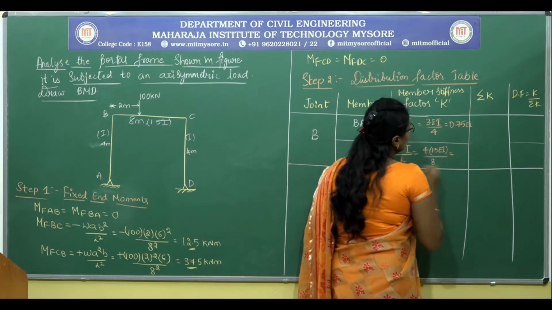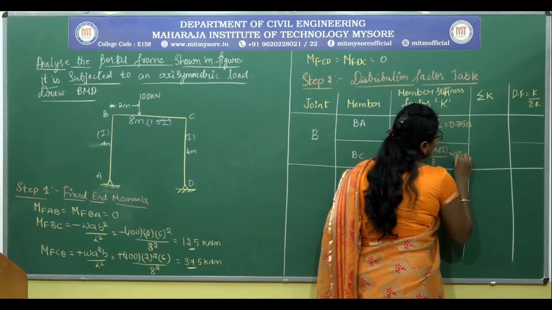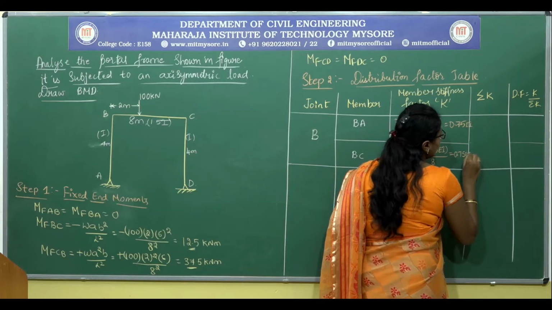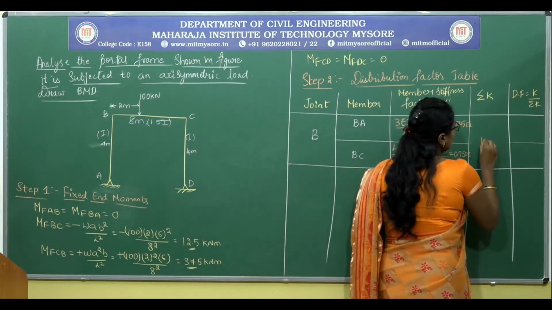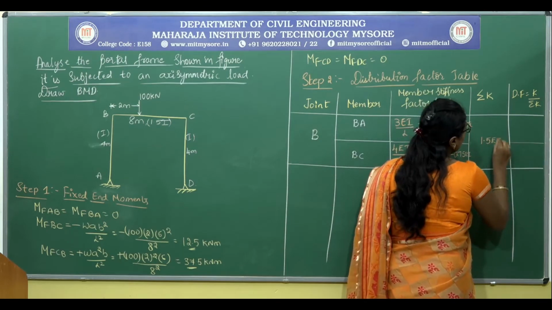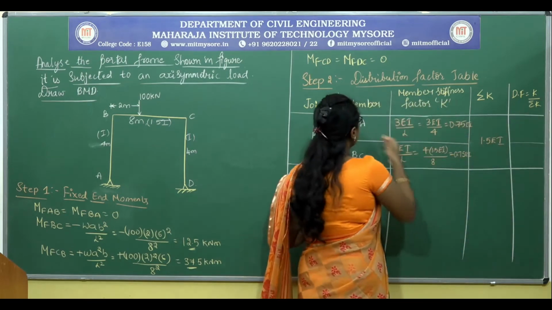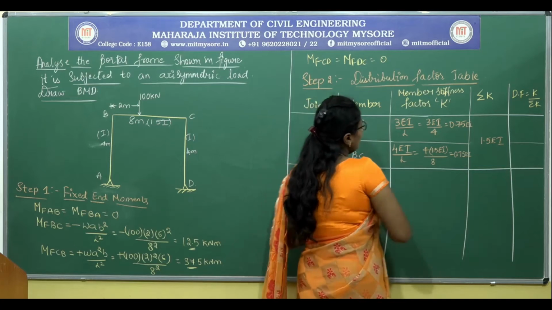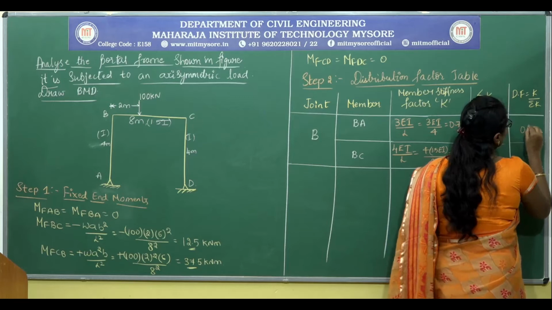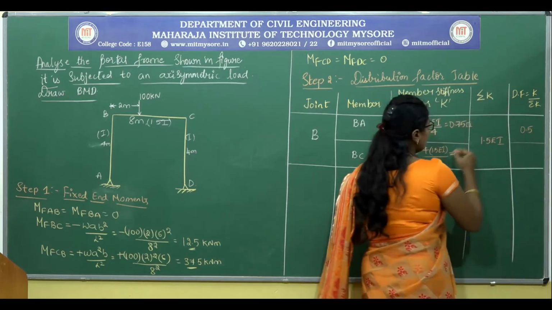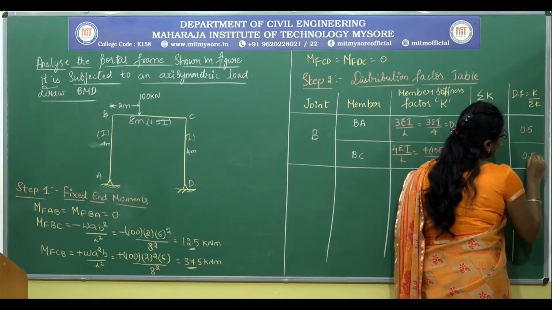This will again give you 0.75 EI. So 0.75 plus 0.75 will give you 1.5 EI. Then the distribution factor for span BA, 0.75 divided by 1.5, is equal to 0.5, and for BC, 0.75 divided by 1.5 is equal to 0.5.